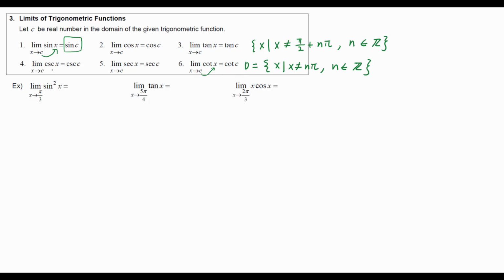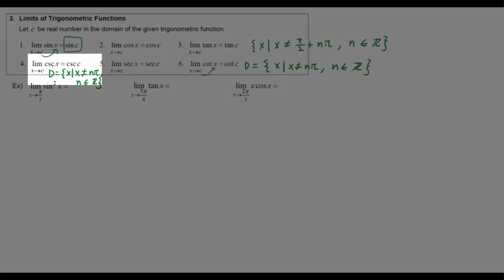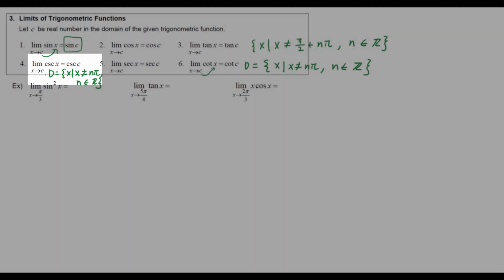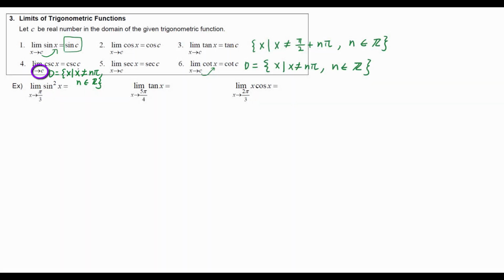The domain of cosecant x is all x such that x is not equal to n pi, and n is an element of the integers. So the limit of cosecant x as x approaches c, as long as c is not equal to n pi, you can plug c in for x and the limit will be cosecant of c.